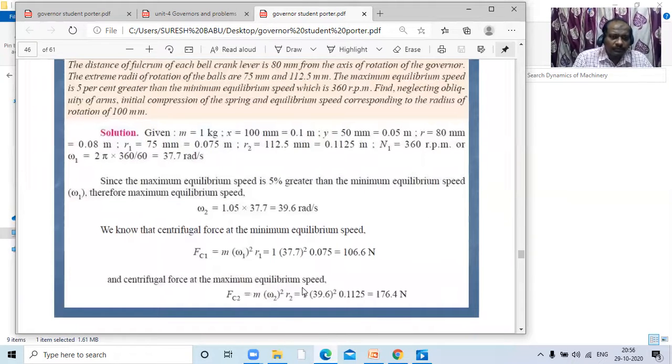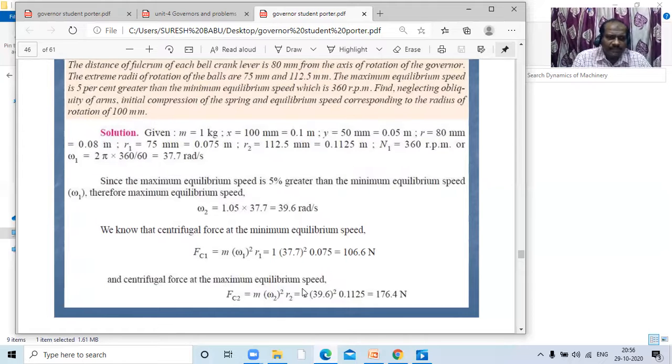We know that centrifugal force at the minimum equilibrium speed is equal to m omega square into r1. Mass of the ball is 1 kg. Angular speed for minimum distance is 37.7 square into 0.075. That is 106.6 newtons.